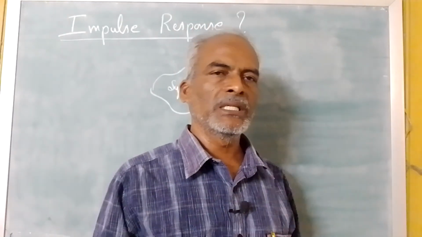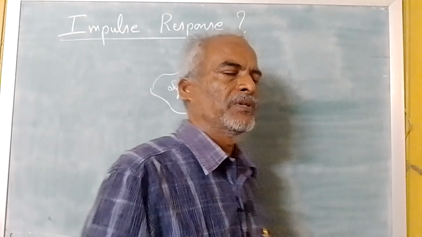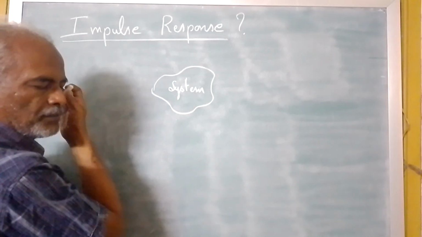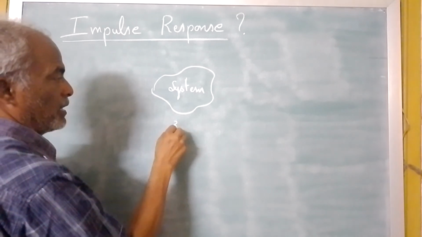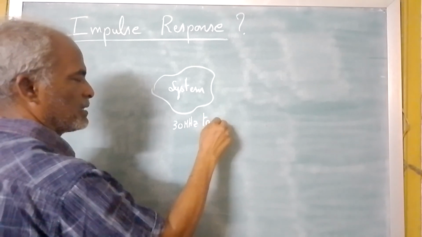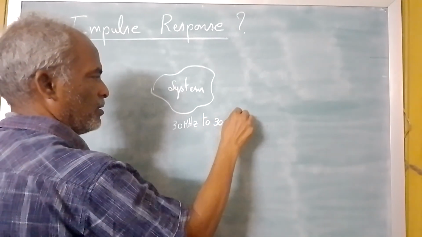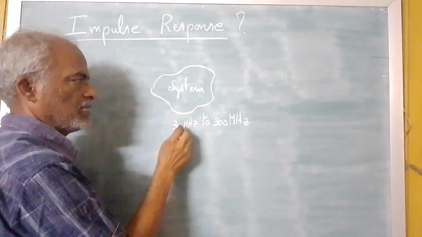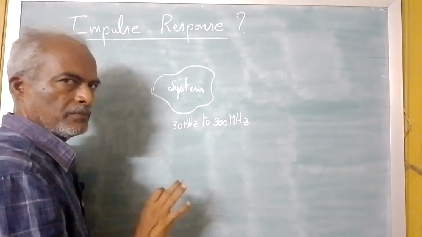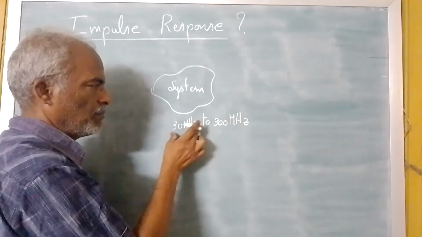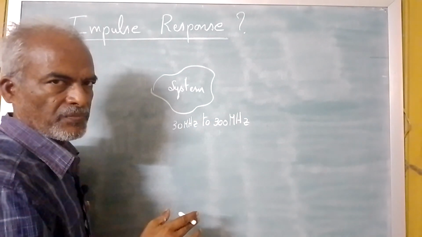Say it supports 30 megahertz to 300 megahertz. You assume like that. Basically, it can be thought of as a band pass filter, which allows from 30 megahertz to 300 megahertz.